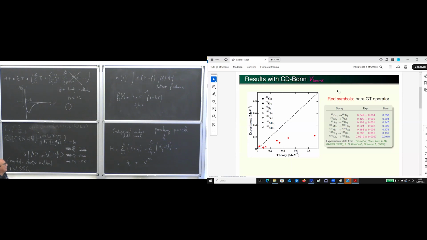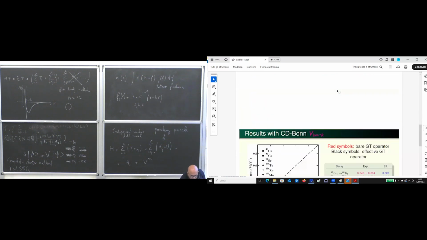As you can see, if I don't use any effective operator, I don't reproduce the nuclear matrix elements, because reproducing them needs those dots to lie on the bisector.